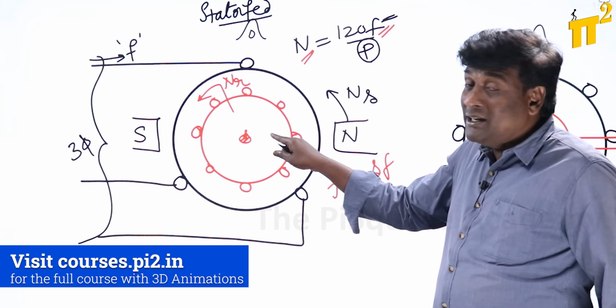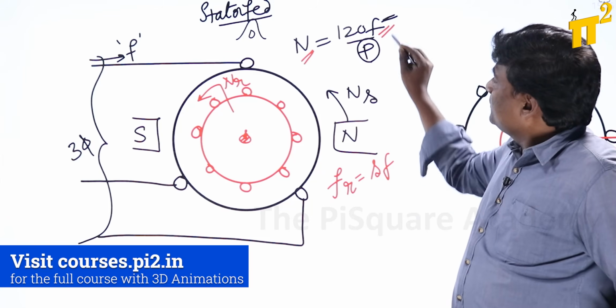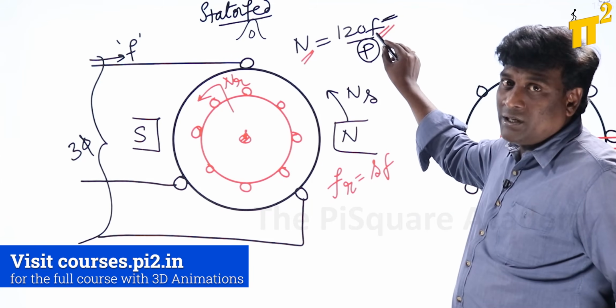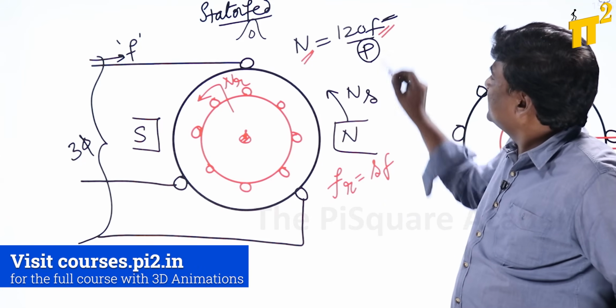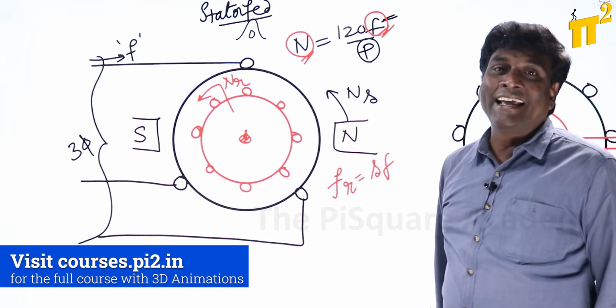So the moment you are having 5 Hz only in the rotor, the frequency is going to be sF, slip times frequency, meaning that the speed is going to be sNs.